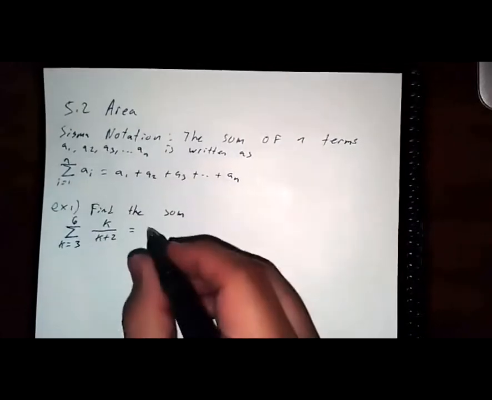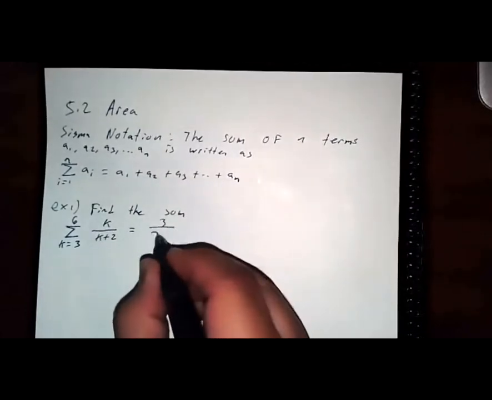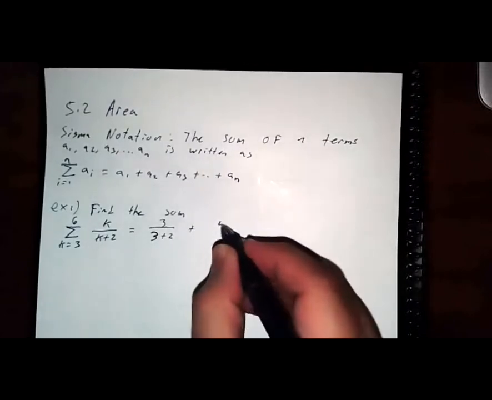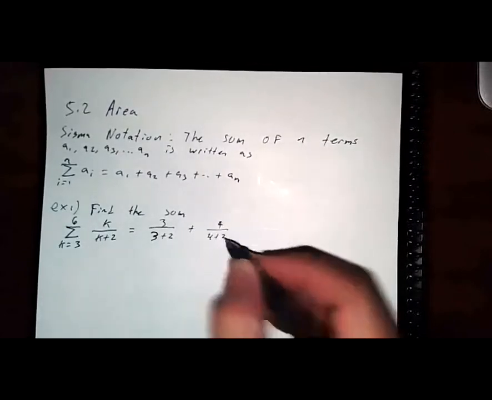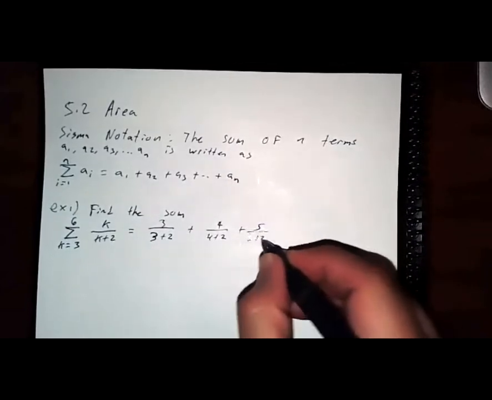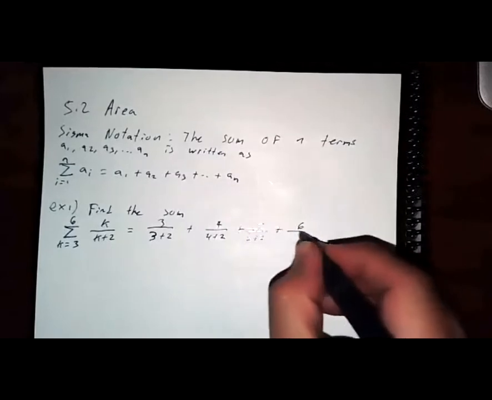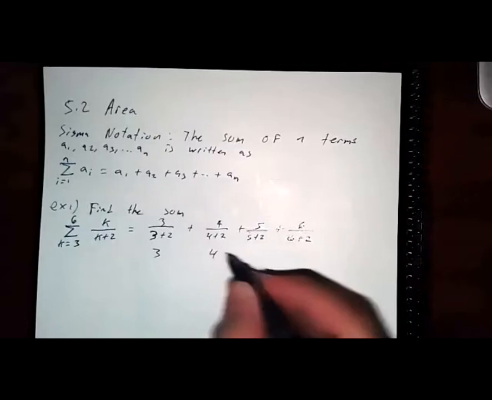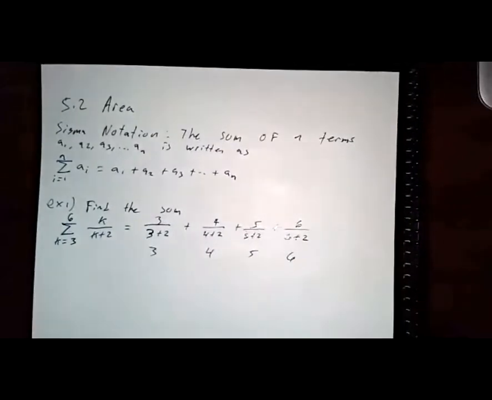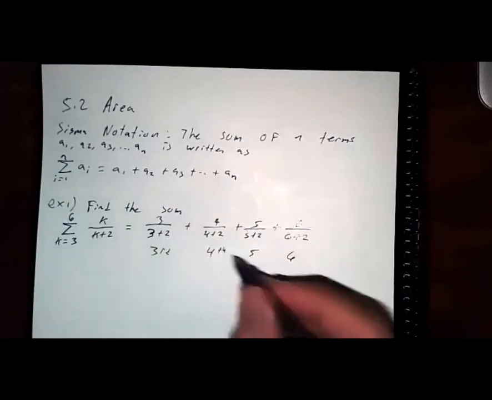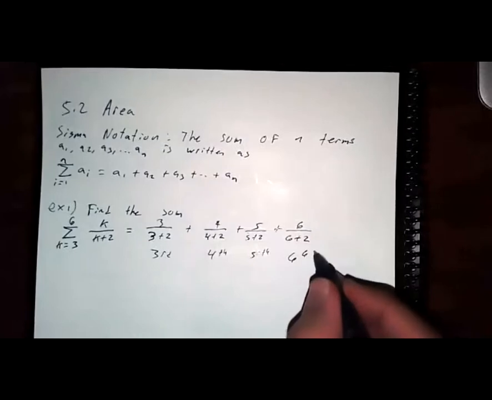So 3 over 3 plus 2, plus 4 over 4 plus 2, plus 5 over 5 plus 2, plus 6 over 6 plus 2. So this is my third, fourth, fifth, sixth term. Okay, so you just add them all up, right?